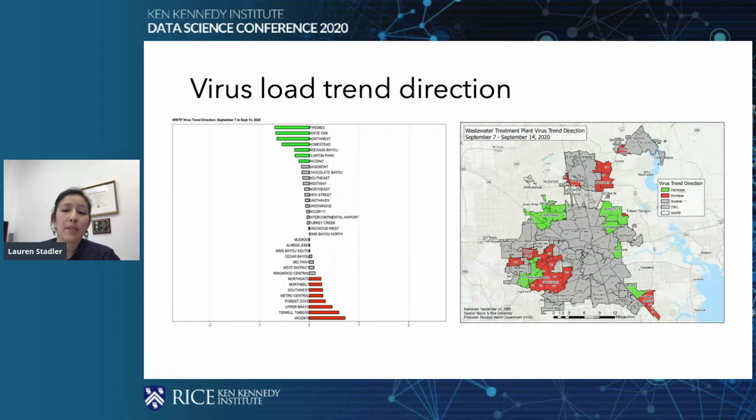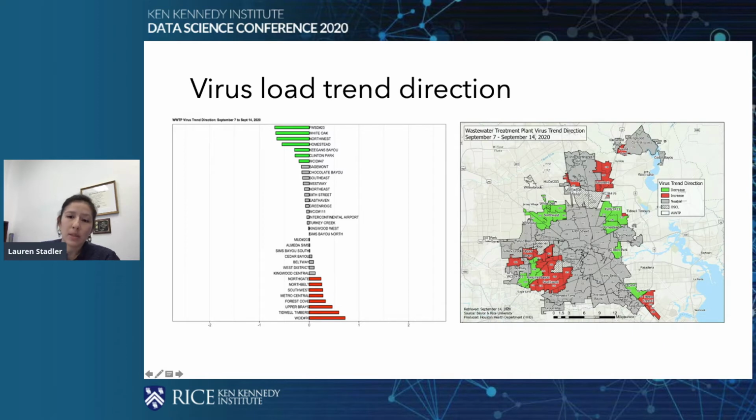This is an example of an output that we generate each week that's used by the health department to understand the week-to-week trends in the virus loads from each of the wastewater treatment plants. So here, this left plot shows all the different wastewater treatment plants that we've been sampling. The green bars indicate there's a statistically significant decreasing trend in virus load at that location for that week.